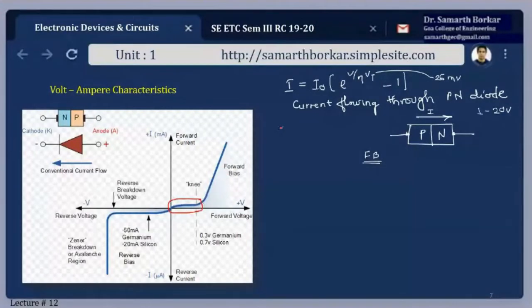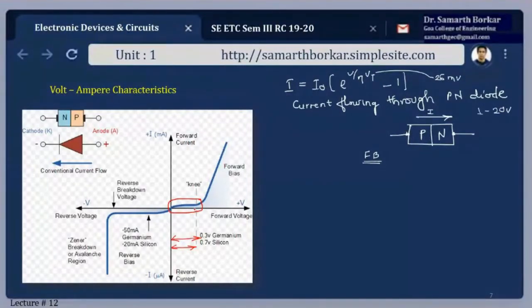So up to the value of Vt, due to this equation, you see the current is limited, and then at this point of time, the barrier potential is overcome. How much is the barrier potential? For germanium it is 0.3 and for silicon it is 0.7. This is what is called a knee voltage.